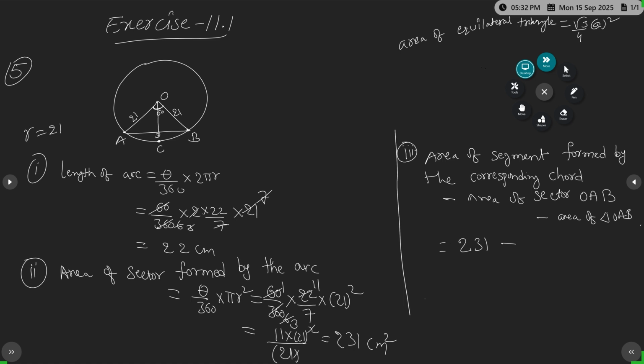Area of triangle OAB is an equilateral triangle, so here root 3 by 4 a square, a means 21 whole square. So here we get 231 minus 21 whole square means 441 root 3 by 4. Okay. Understood? Thank you.